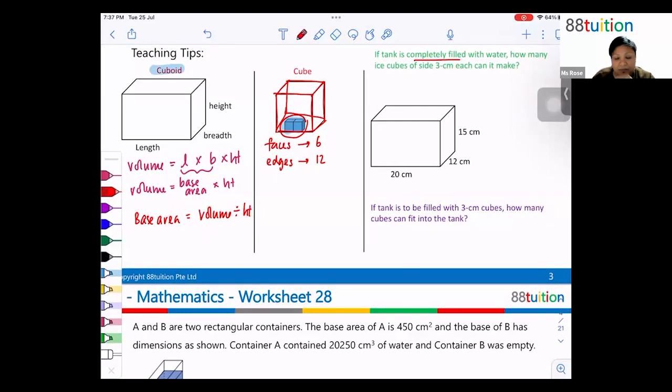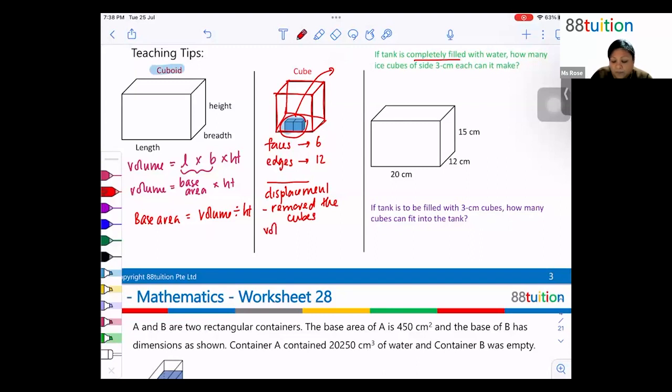So if, for example, I remove this cube, the water that is displaced will be equal to the volume of the cube.